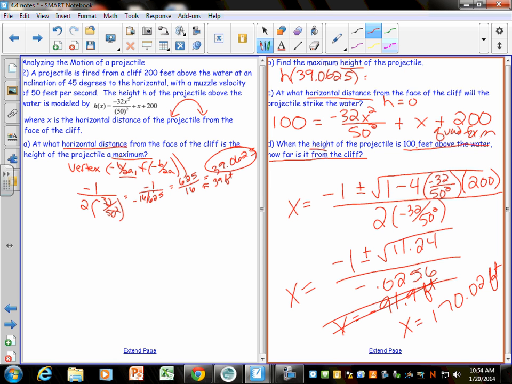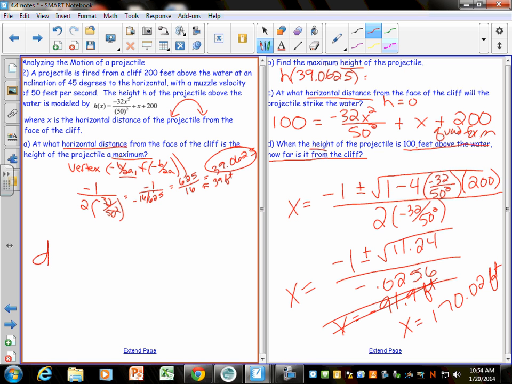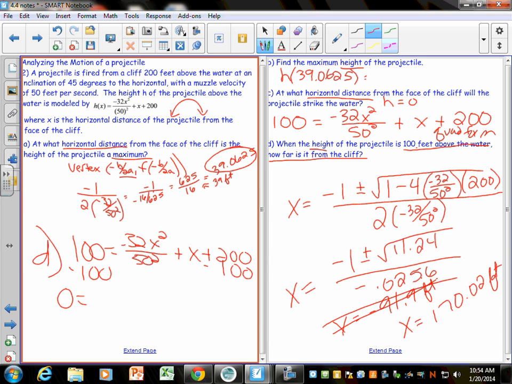So it's another quadratic problem. You would have 100 equals negative 32x squared over 50 squared plus x plus 200. And you would subtract 100 over, which means you're going to have to do the quadratic formula again.